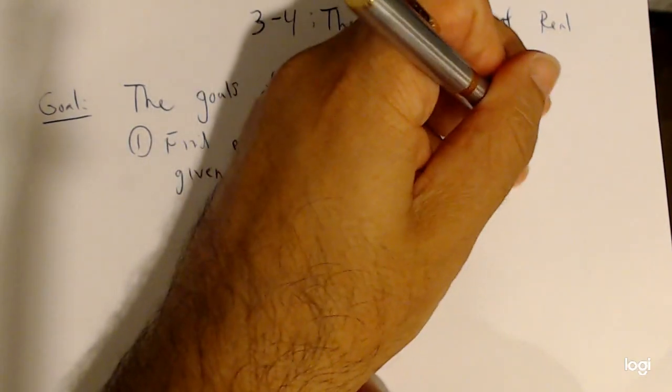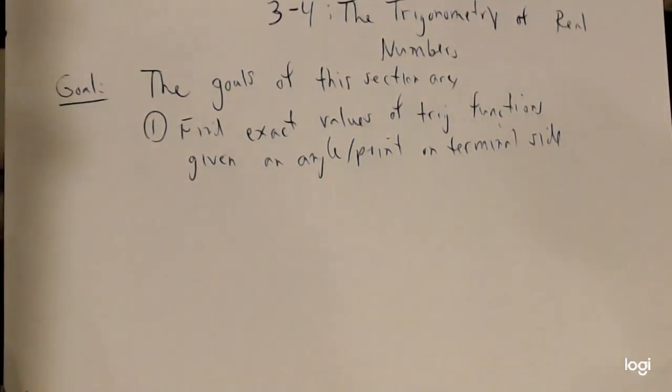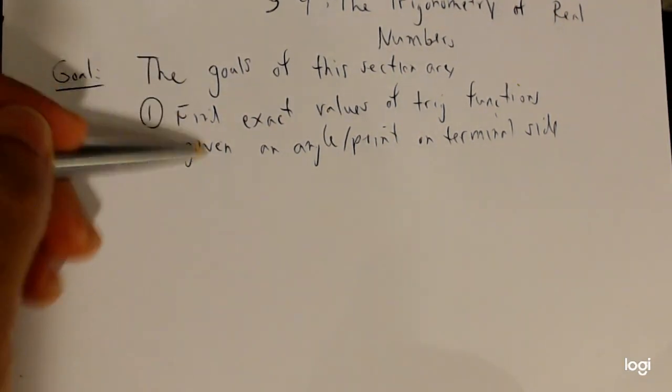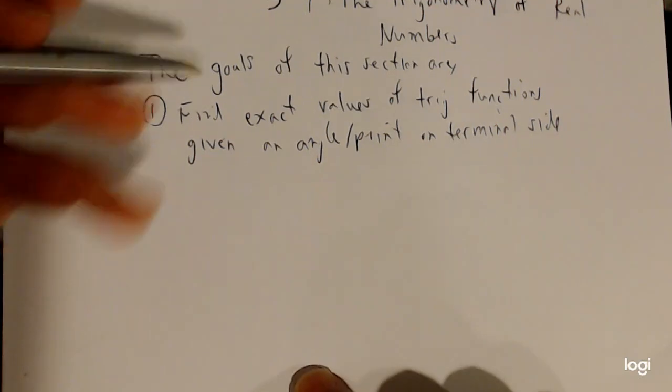So notice how this should sound familiar to you, right? Because if you think about it, in chapter 2, that's literally what we did. We found the exact values of trig functions. Either we were given the angle or we were given the point on the terminal side, which in both scenarios we had to find x, y, and r to be able to answer that question.